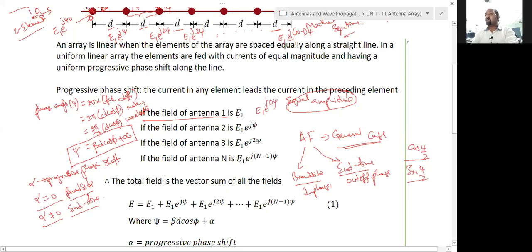E power 0 means 1, so it is E1. The field radiated by antenna 2 is E1 e power j psi, and the field radiated by antenna 3 is E1 e power j 2 psi, and so on. For the n-th element, we have E1 e power j n minus 1 psi, right?